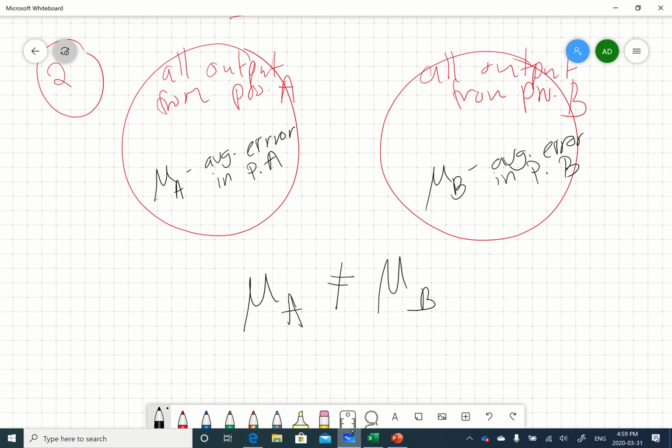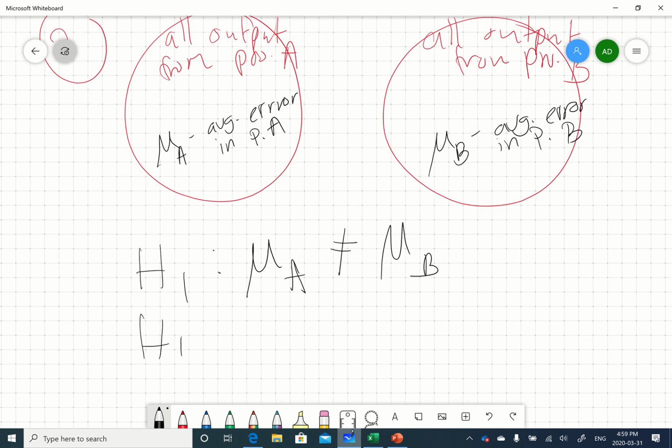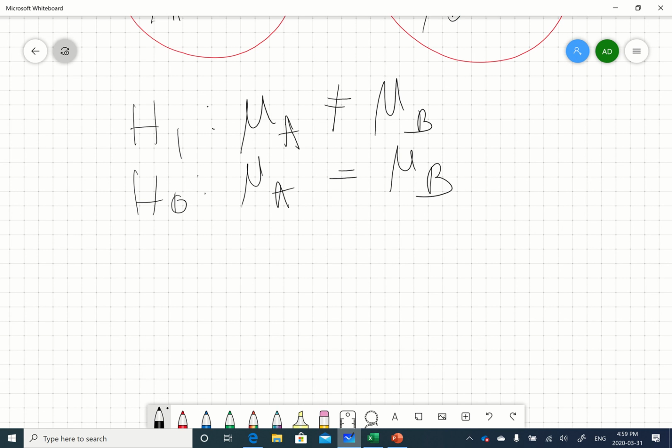So by looking at it, you can see definitely this is your alternative, right? So then you can build the corresponding null to be mu A same as mu B, right? So like I mentioned in chapter 9, you can write it down in words.